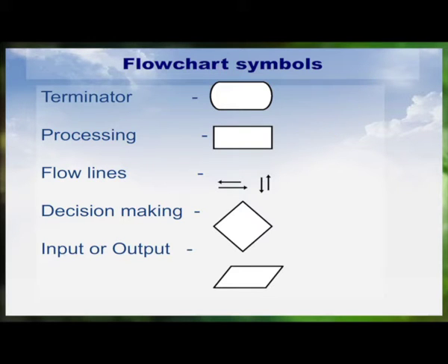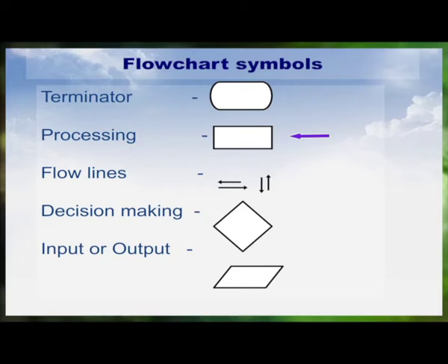Next, we have a symbol for processing. In a process symbol, we place the different instructions that are required in a program. A process symbol is represented as a rectangular box as you are noticing. A process involves an action.